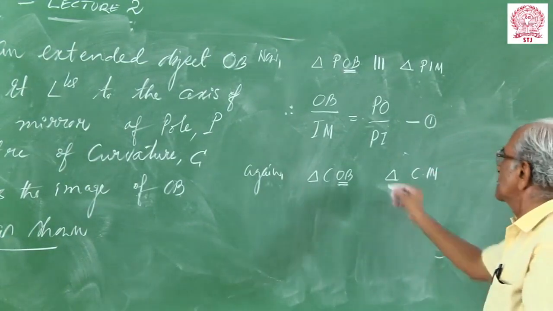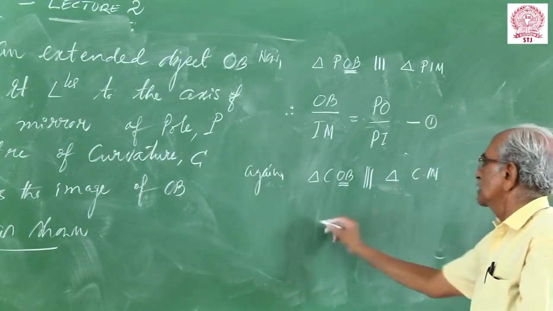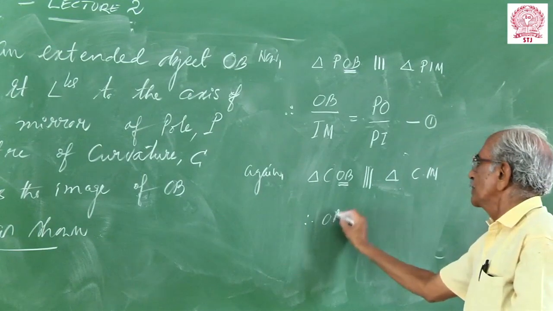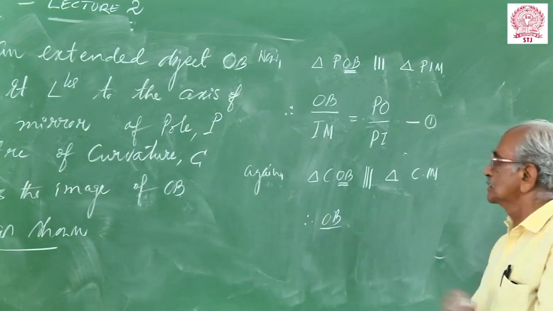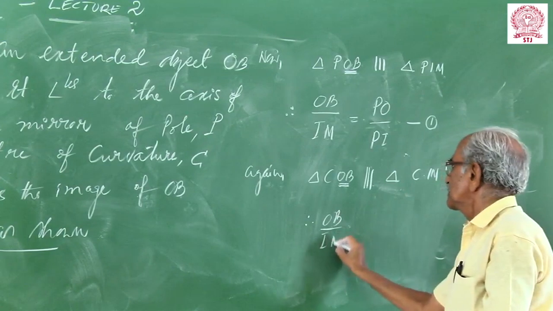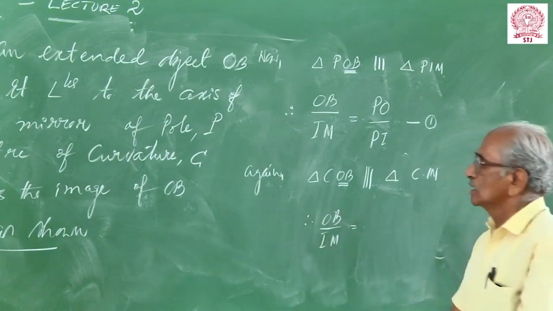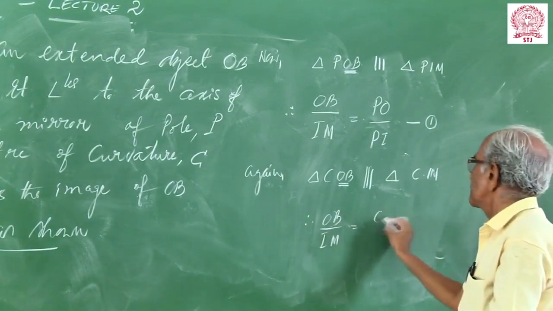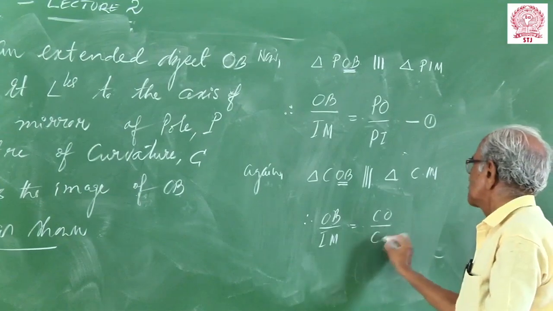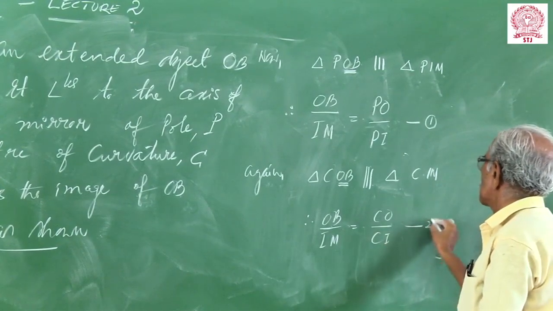See here, they are similar. Now therefore, OB, the object, by IM, image, is CO by CI. I will call this equation 2.